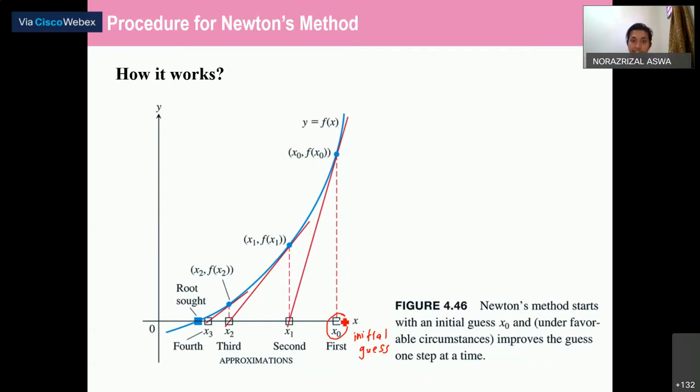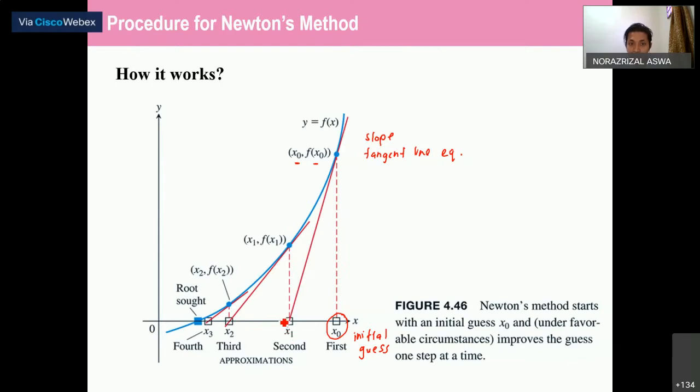So from our initial guess, x naught, we have x naught and f(x naught), and from there you find the slope, and then you construct the tangent line equation, and then you find the x-intercept from the tangent line equation.